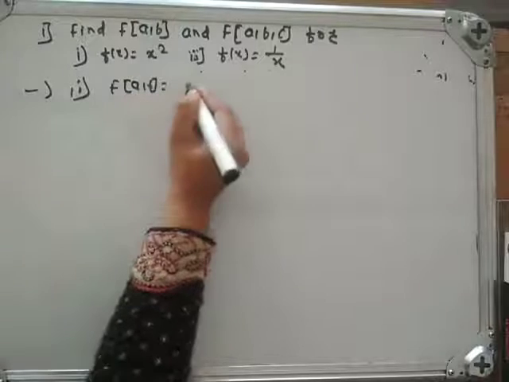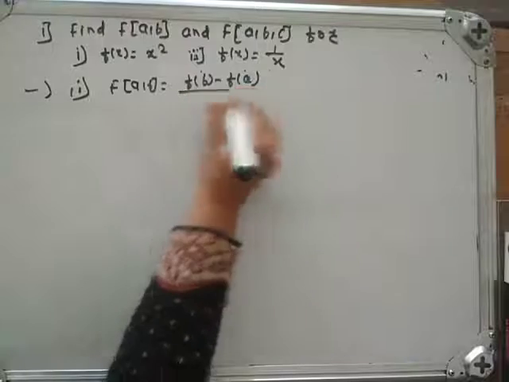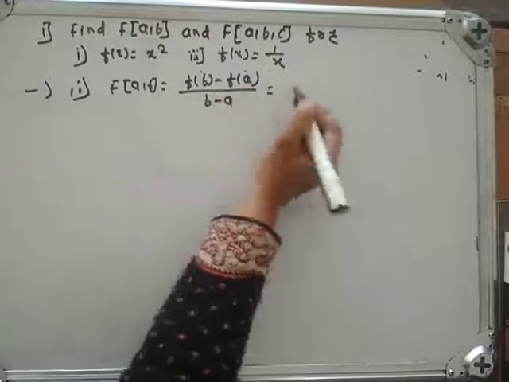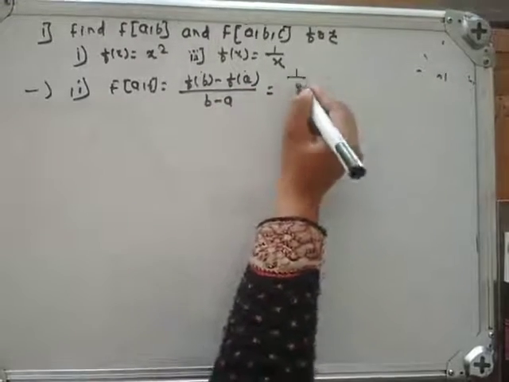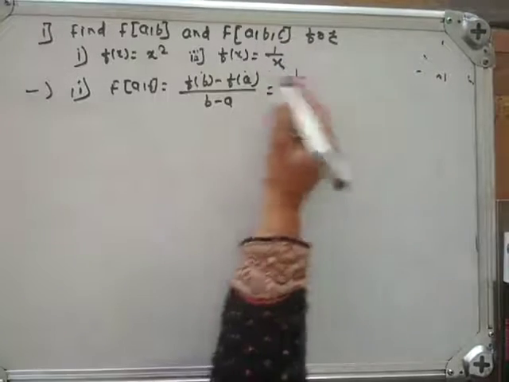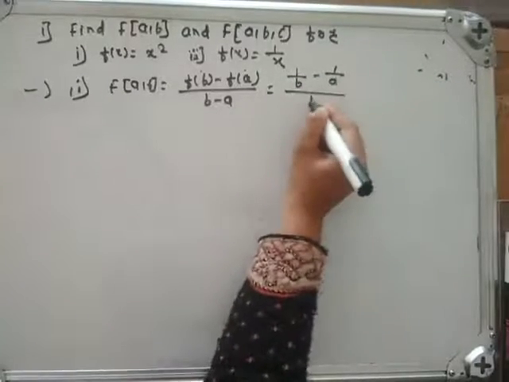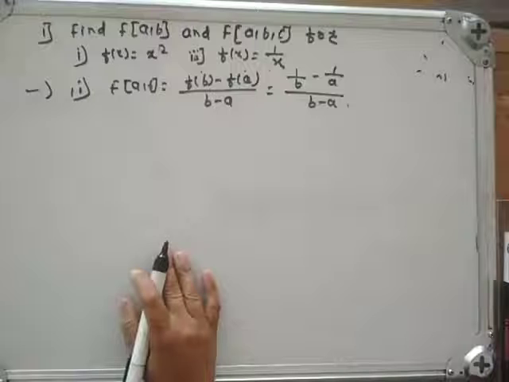F of AB is nothing but f of B minus f of A upon B minus A. F of B is 1 upon B, since our function is f of x is equal to 1 upon x. So we will get 1 upon B minus 1 upon A, upon B minus A.